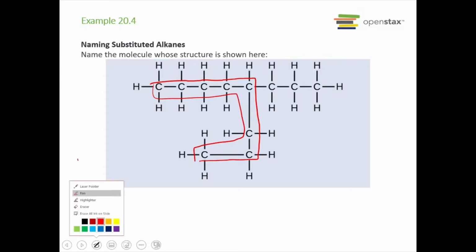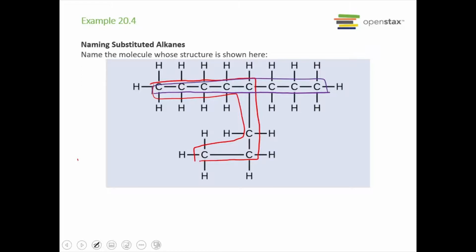And let's take another color and say, okay, let's look at this straight chain up top. And we say, okay, 1, 2, 3, 4, 5, 6, 7, 8, also. So that's also 8 carbons. So either of these chains, they're the same thing. Those are identical groups, if you will, coming off of that center carbon.